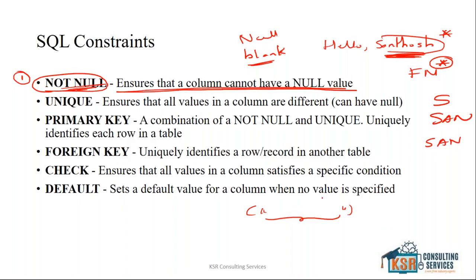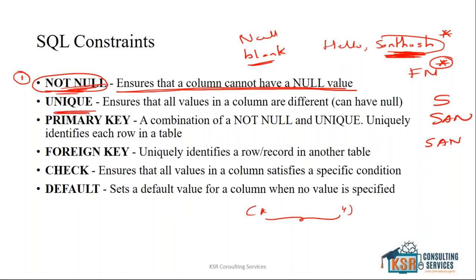First name cannot be null, right? So it should never accept a space either, at least that we have to handle. That we will see in the coding part, where you will be designing each and every constraint. Now this is with respect to not null.